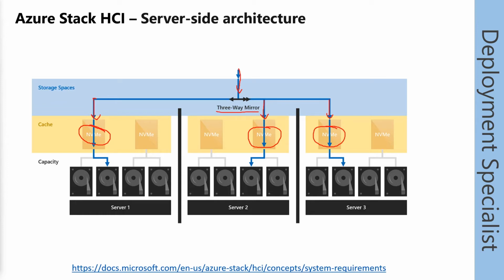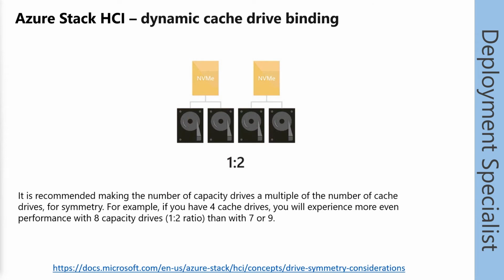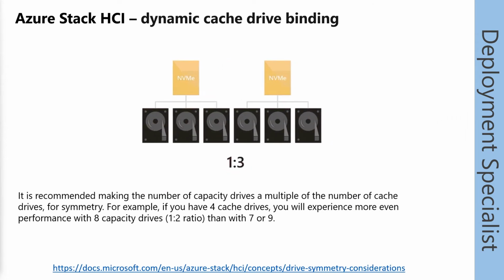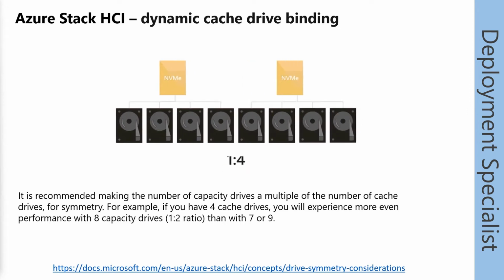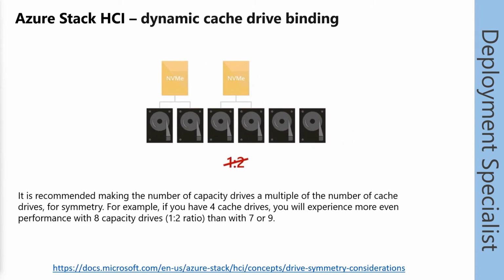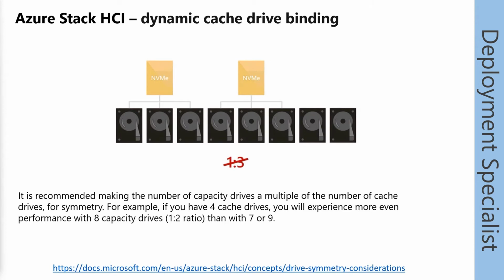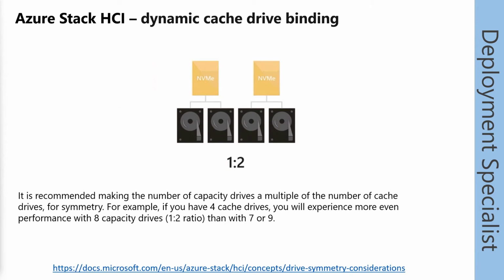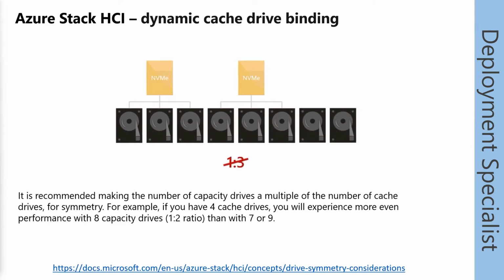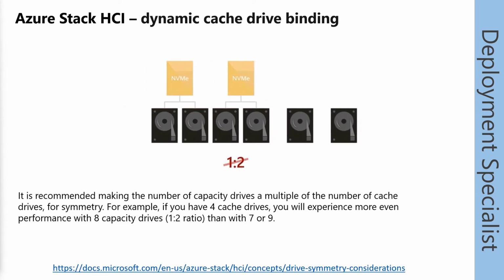If we expand our capacity, we will add capacity drives. And if we have a configuration with cache drives, the cache drive binding is rebalanced. So the cache drives are rebound to the new capacity drives. And here we can see we always need a whole-number multiple of cache drives to capacity drives to ensure that we have a balanced configuration.